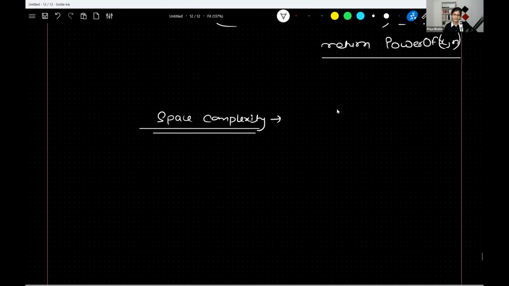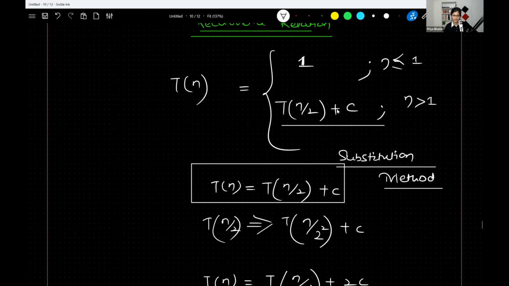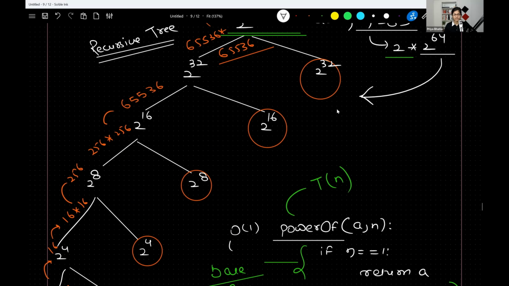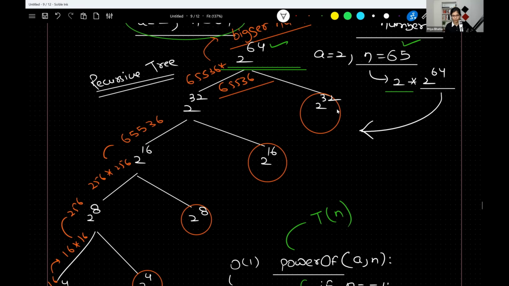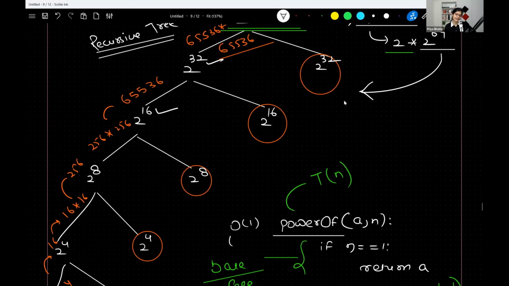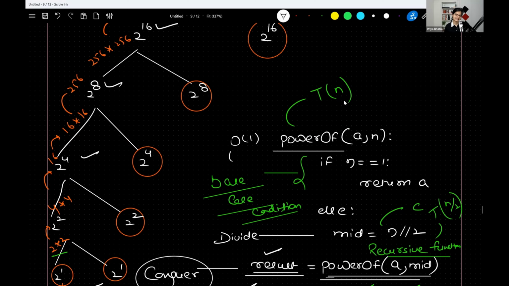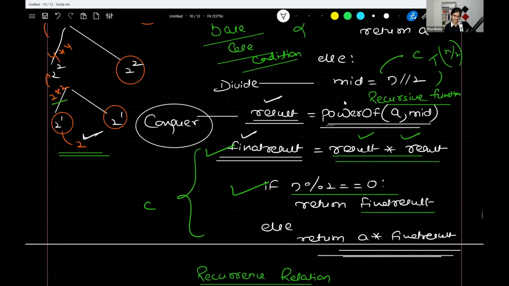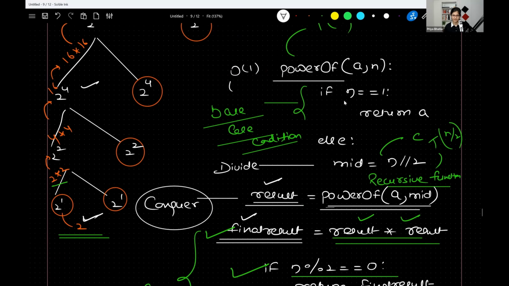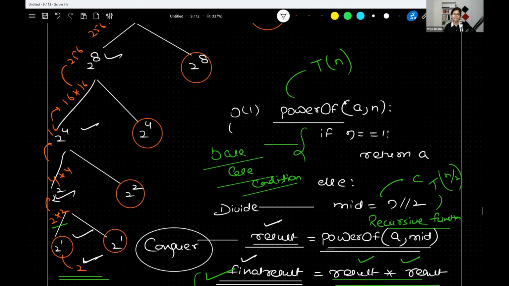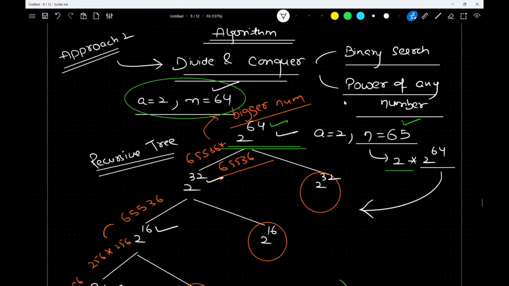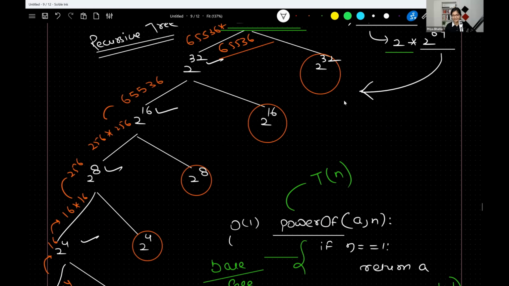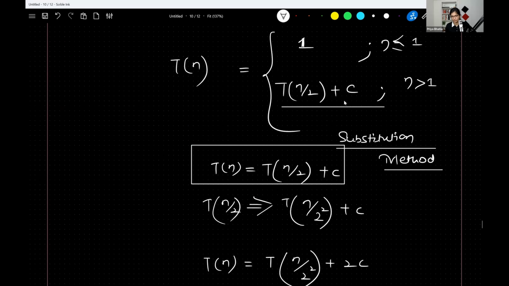Let's say you have a number with power of 64. So how many levels are you going? 1, 2, 3, 4, 5, 6, 7, approximately you can say equals 8. So can I say it will be Big O of log of n base 2?